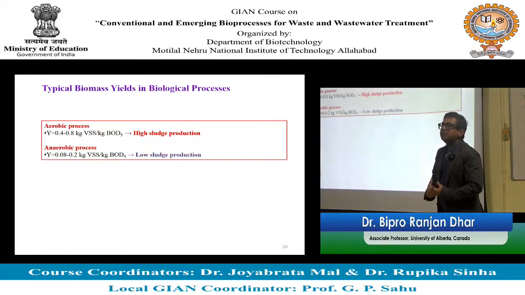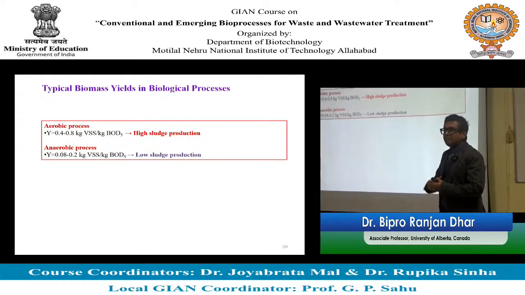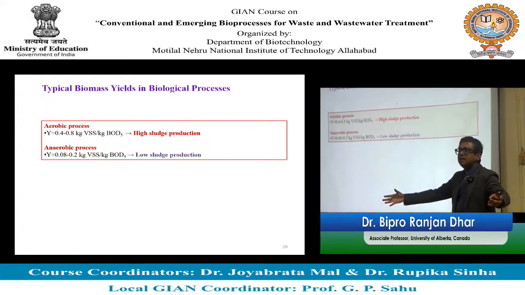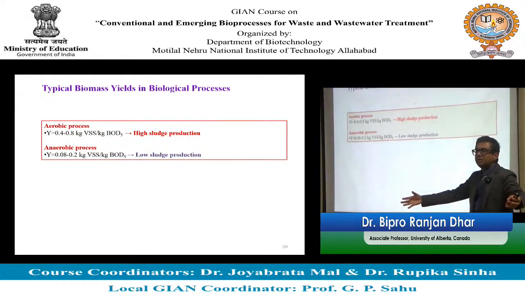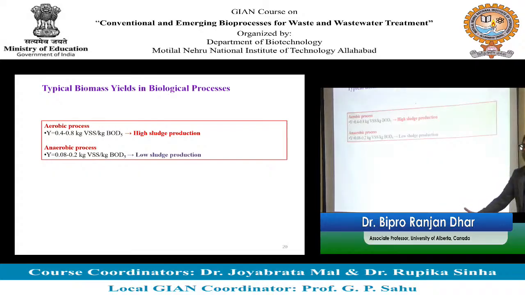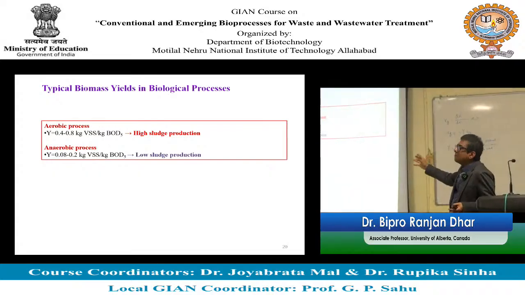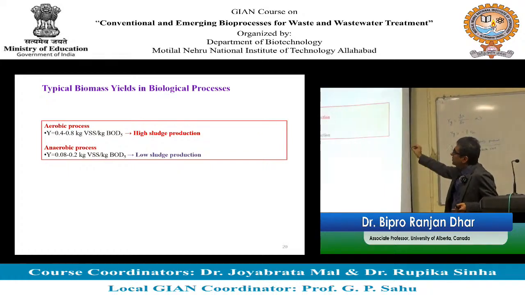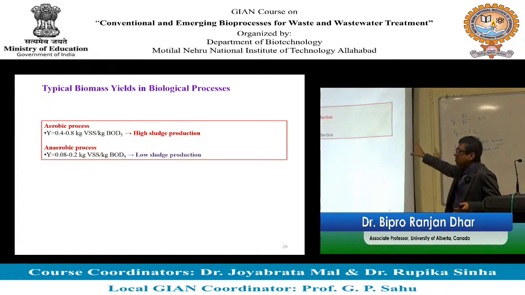Microbes can degrade and release intracellular products that can be used by other microbes, like the decay product from one microbe used by others. But from a design perspective, when I use the term yield with VSS, that is my biomass or microbes.